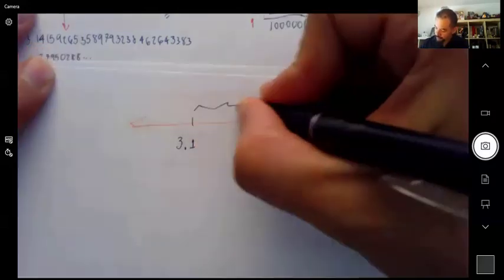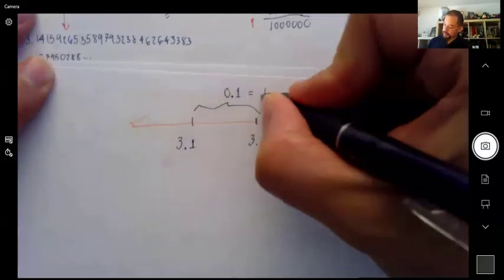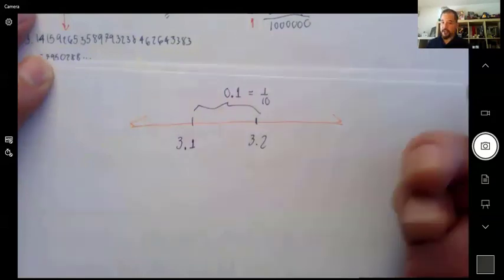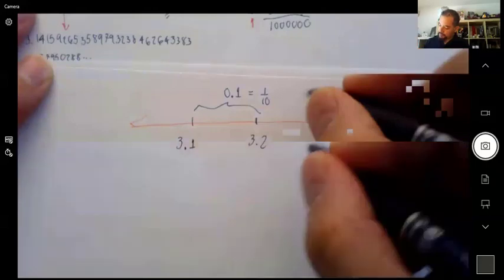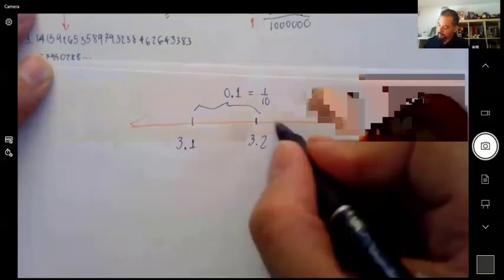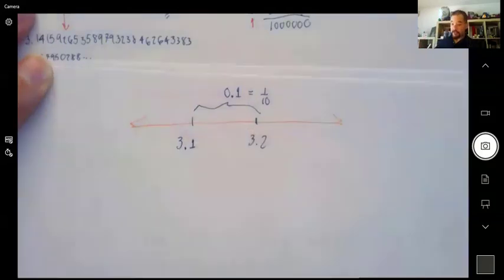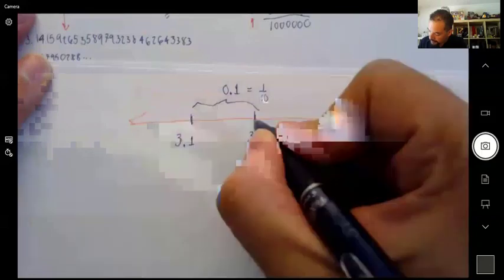Well, 3.2 minus 3.1, that's 1/10, right? So then pick a denominator bigger than 10, right? Say 20. If you go by tenths, here's 1/10 and here's the next one.